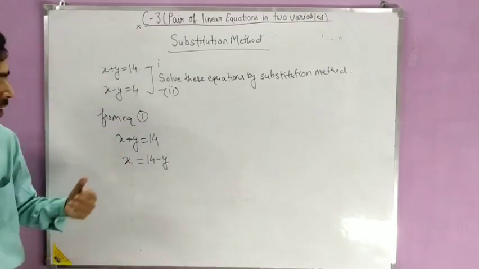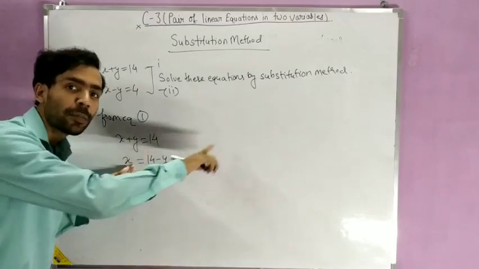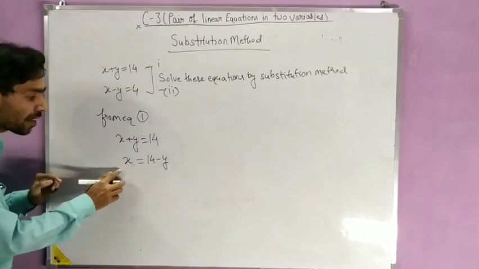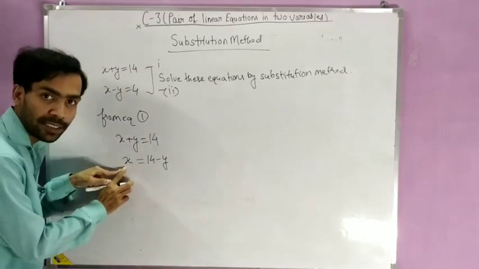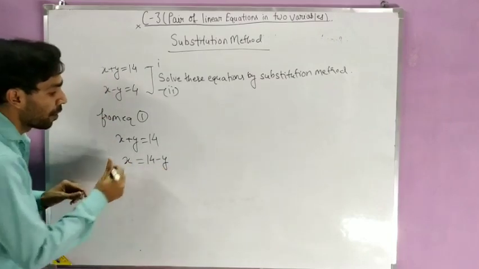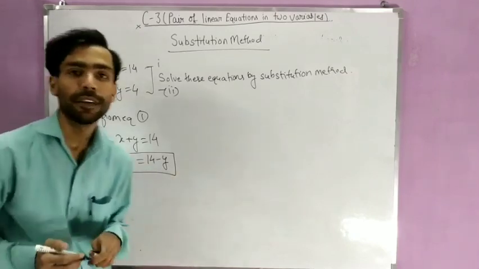So what I did, I kept x in the same place and transferred y to the other side. So by seeing this, we have calculated the value of x in terms of the value of y.